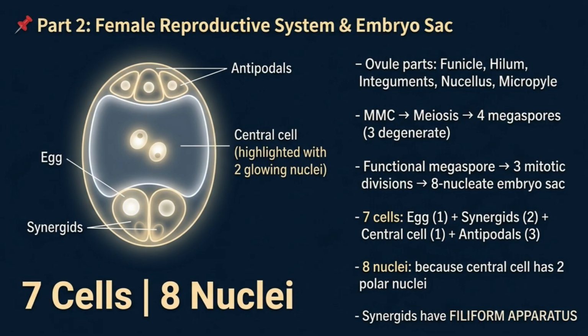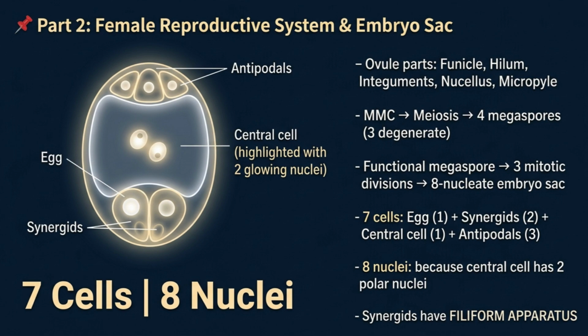Inside the integuments is the nutritive nucellus tissue. Inside the nucellus, the megaspore mother cell undergoes meiosis to produce 4 megaspores. 3 degenerate. Only 1, the functional megaspore, survives. This one cell undergoes 3 successive mitotic divisions to form an 8-nucleate structure, the female gametophyte, or embryo sac.